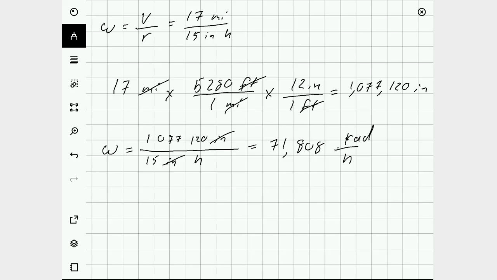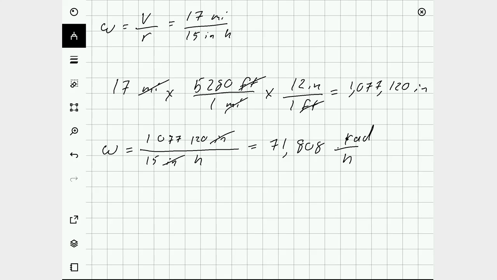Again, radians are a unitless measure. We don't have to write that this is in radians, but making note that there are radians involved, we're talking about a change in angle, will help us figure out what the next step is. Because the problem asked us to find this value not in radians per hour, but in revolutions per minute. So we have a little bit more to do in the way of unit conversions.